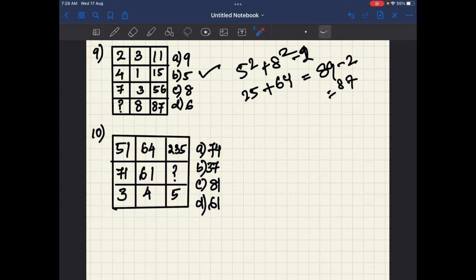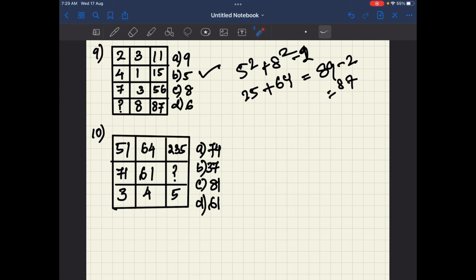Coming to question number 10, it is 51, 71, 3, 61, 64 and 4. So 71 is nothing but the digits are rearranged and written as 71. So it is 17 into 3, it is 51. 16 into 4 is 64.